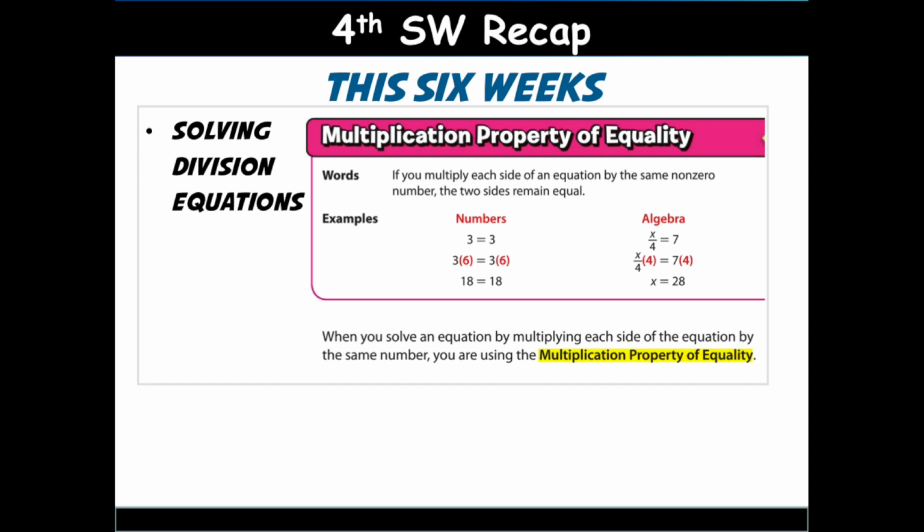And then again, just like the other ones, go back and test it out. Replace that x, that variable, with 28 and see what you got. Did it work? Yes. 28 divided by 4 is 7. So again, always do the opposite of the operation that's there. That's how you find your missing variable.